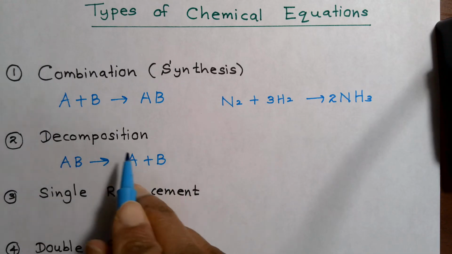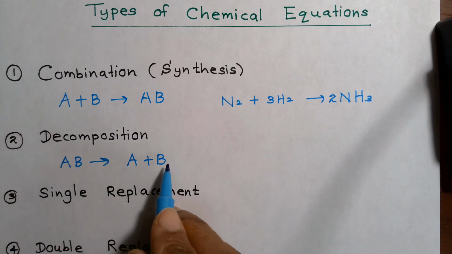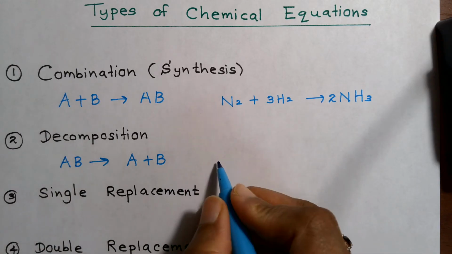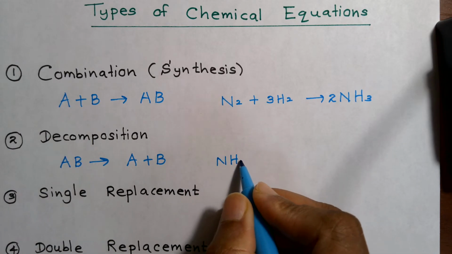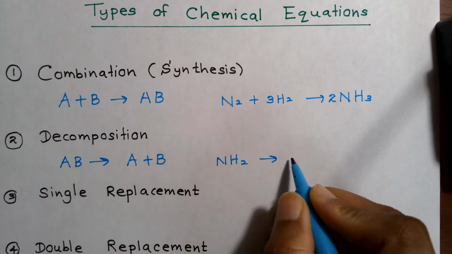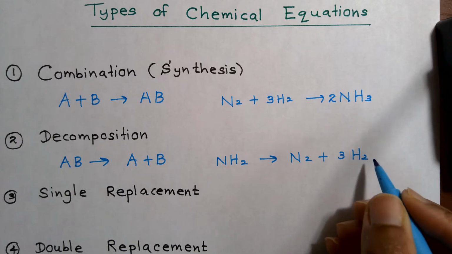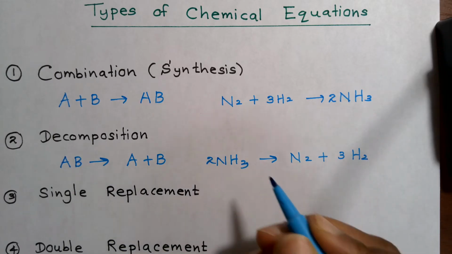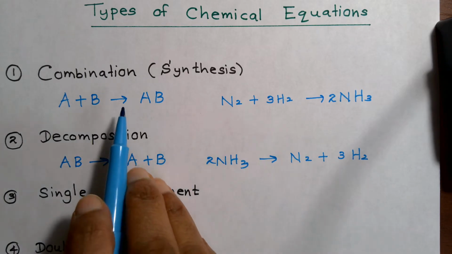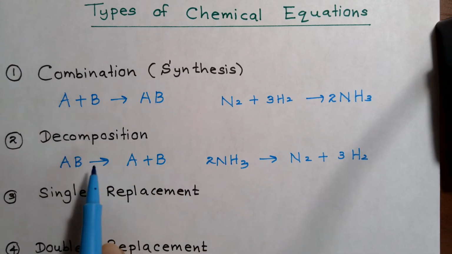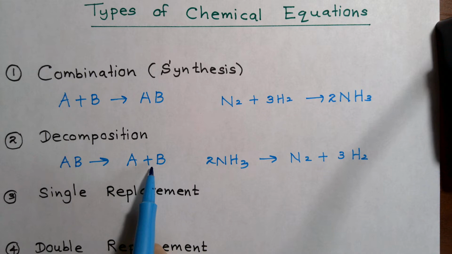So this dissociates, breaks into A plus B. If you consider the reverse reaction, when ammonia breaks into its constituent elements, nitrogen and hydrogens, we call this decomposition reaction.